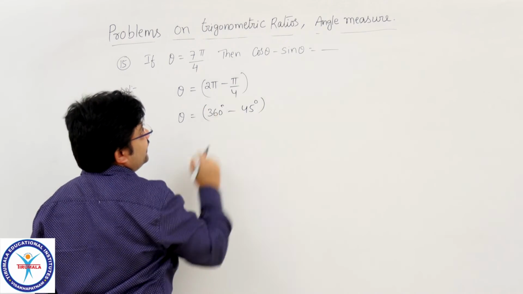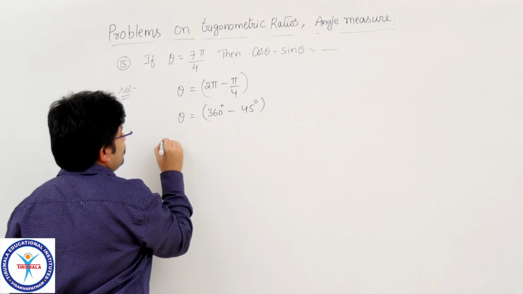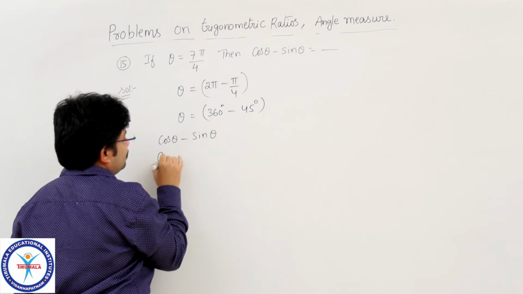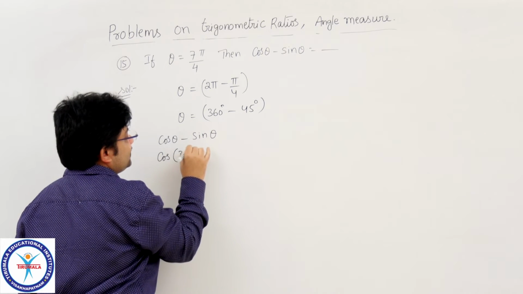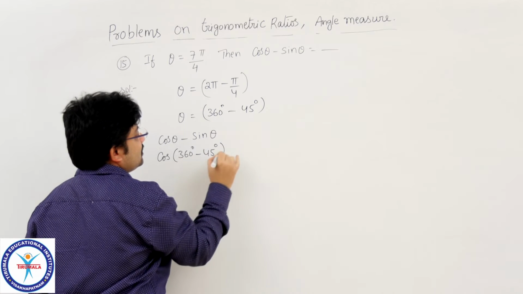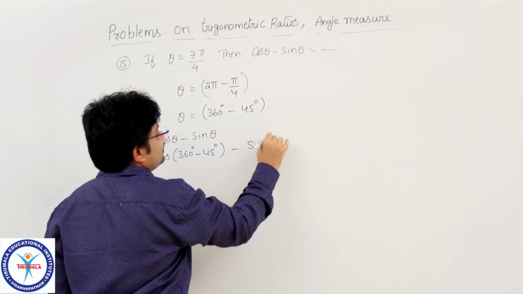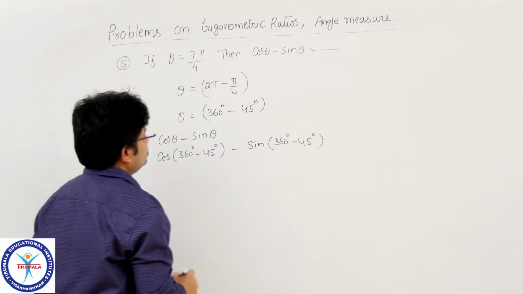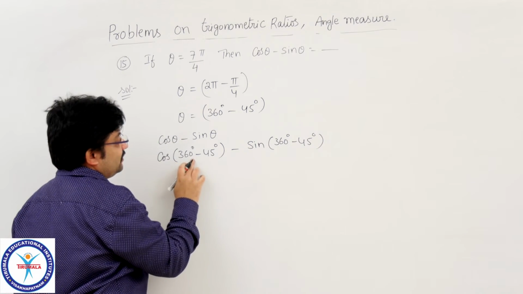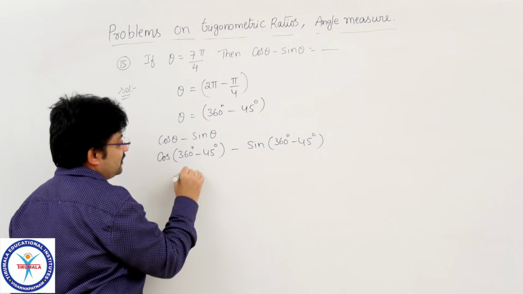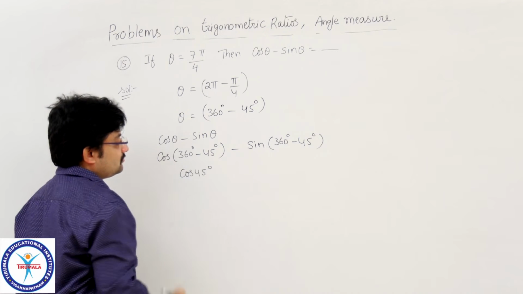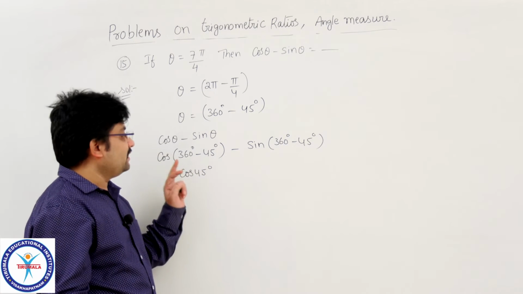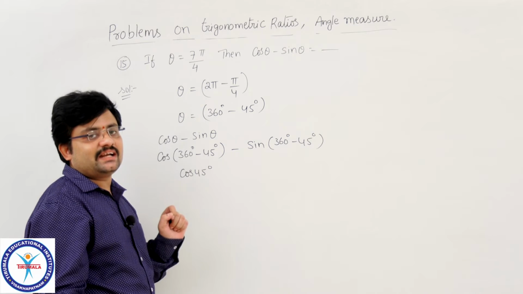Now, apply this in the given theta value. Therefore, cos theta minus sin theta is cos of 360 degrees minus 45 degrees, minus sin of 360 degrees minus 45 degrees. Here cos 360 means there is no change in the value, that is cos 45 degrees. 360 minus 45 lies in the fourth quadrant. In the fourth quadrant cos and secant are positive.